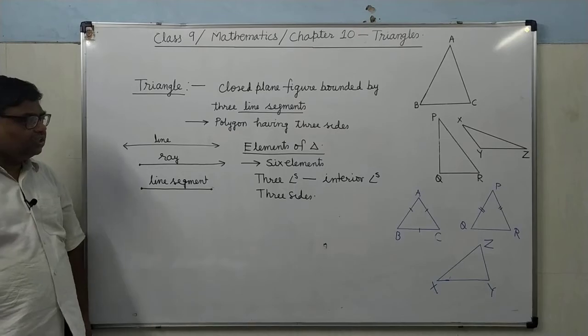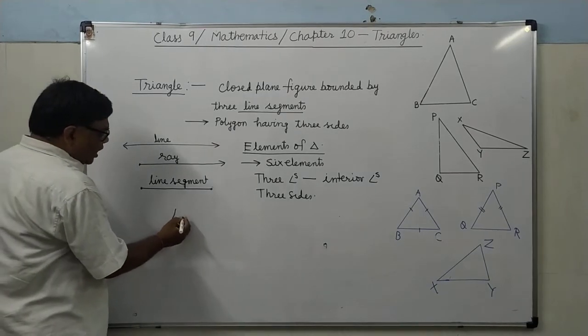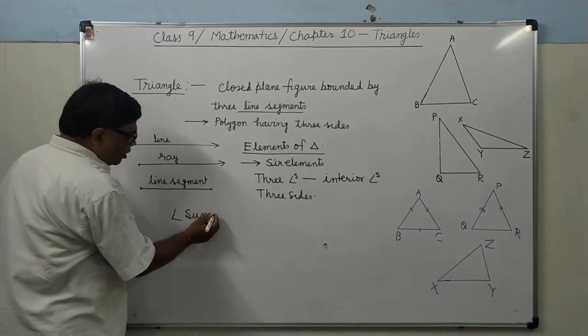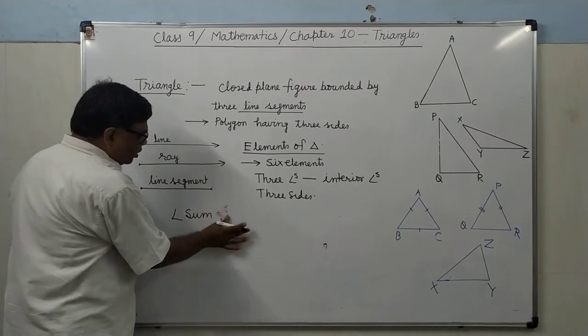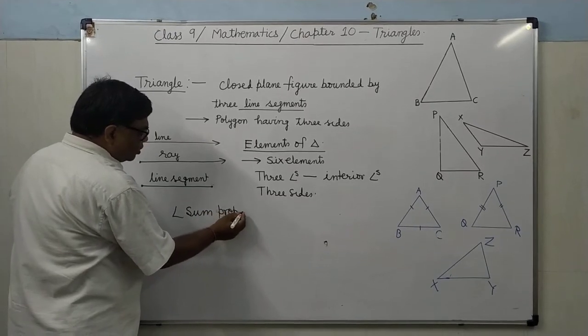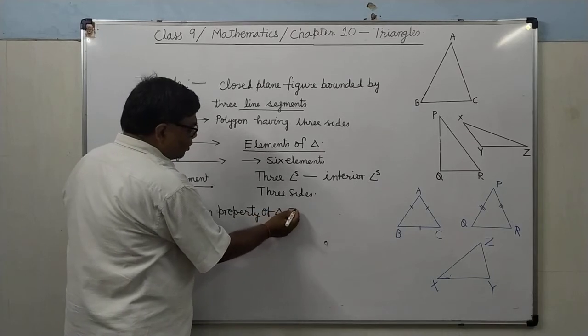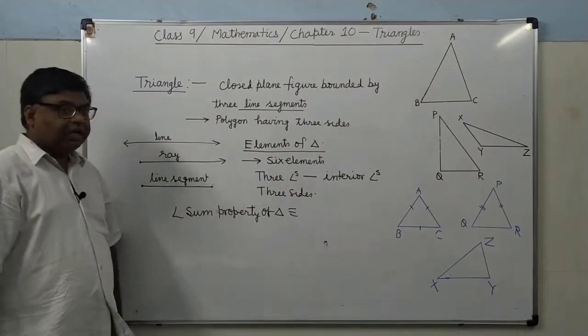Now see here, you know about some properties of the triangle. One is the angle sum property of triangle. What is the angle sum property of triangle?